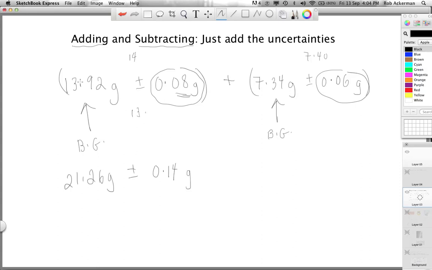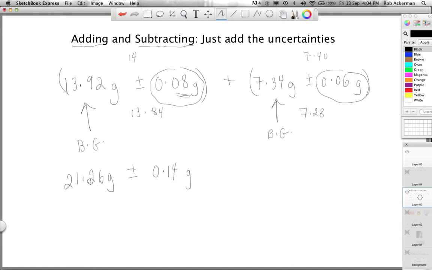Anyway, back to this. 13.92 plus or minus 0.08 could be as low as 13.84, right, on the low side. And 7.34 plus or minus 0.06 could be as low as 7.28. Add those two together, and what are you going to find? You're going to find that it is actually 14 hundredths of a gram lower than this number.